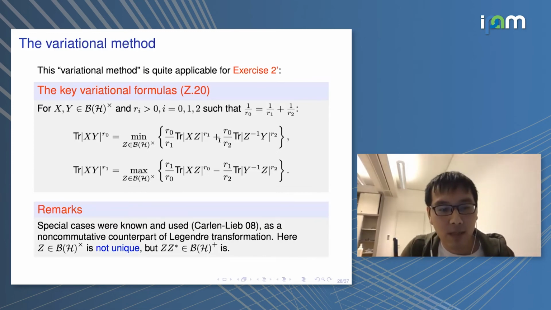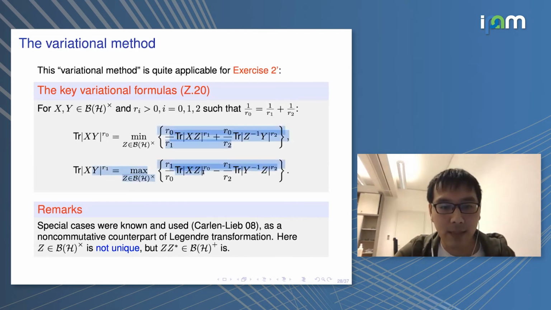A few remarks are as following. So firstly, these formulas are certainly not completely new. Special cases were known and have been used to prove the joint convexity and the joint concavity of trace functionals. I think this is possibly first applied by Carlen-Frank-Lieb for this maximum formula.